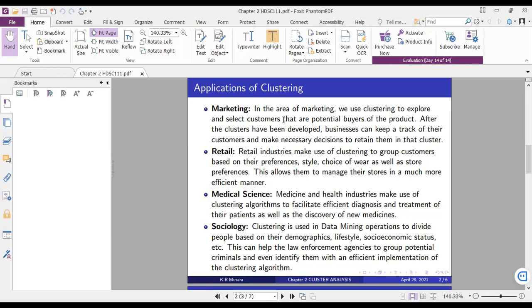Probably in medicine. Let's look at medicine. Medical science, medicine and the health industry make use of clustering algorithms to facilitate efficient diagnosis and treatment of their patients, as well as the discovery of new medicines. So look at it right now. We have vaccines that have been rolled out right across the world. So let's look at the effectiveness of each particular drug, or the choice of each particular vaccine.